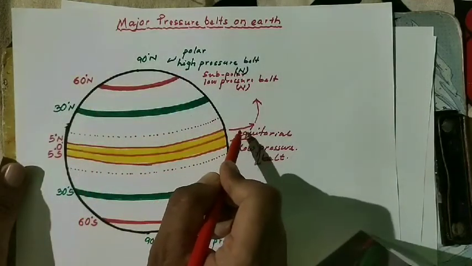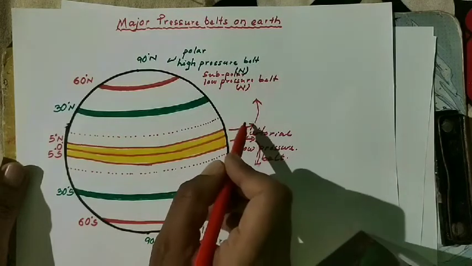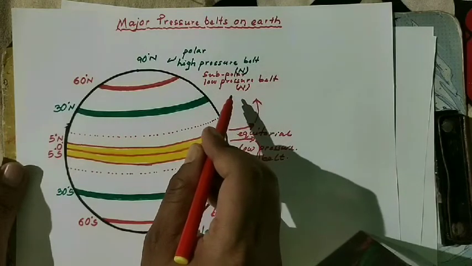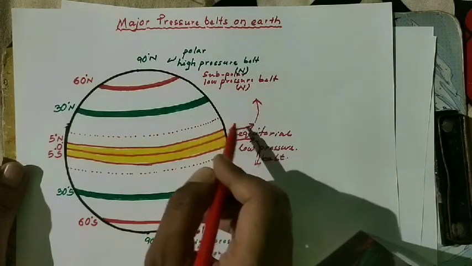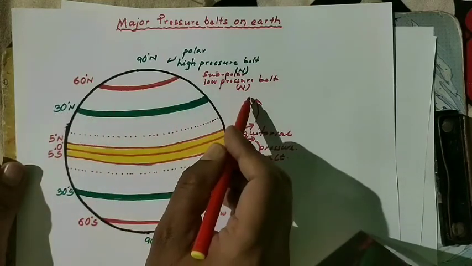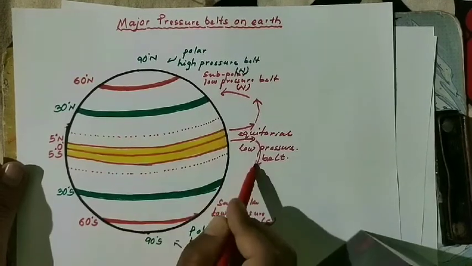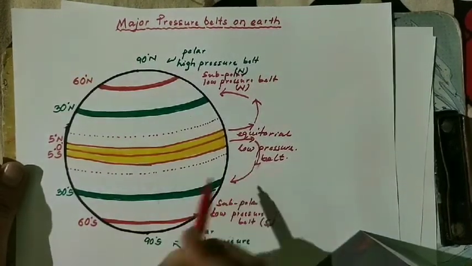So when this air from the equatorial region moves towards both hemispheres, it gradually cools, and near about 30 degree latitude this area gets cooler, so the air moves downward in the northern hemisphere and also the southern hemisphere.